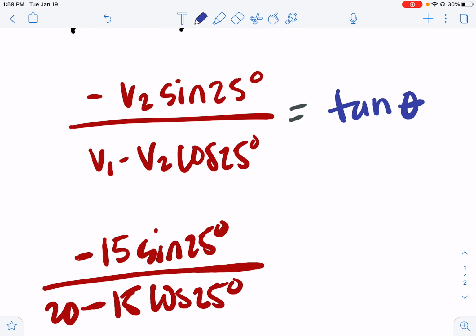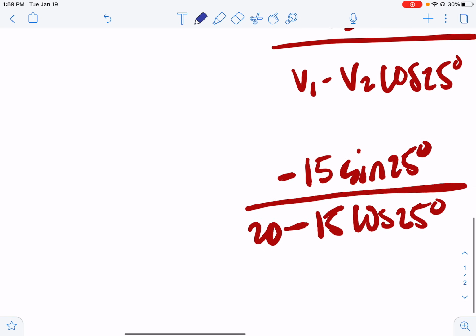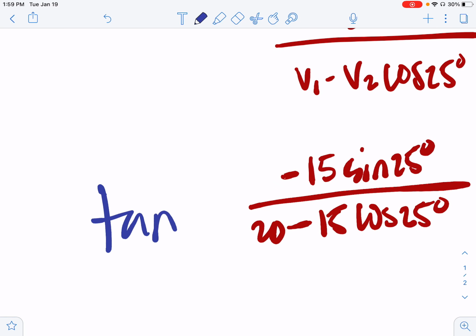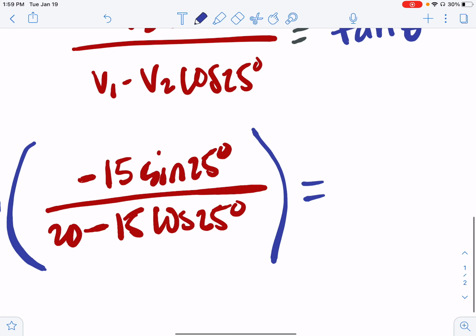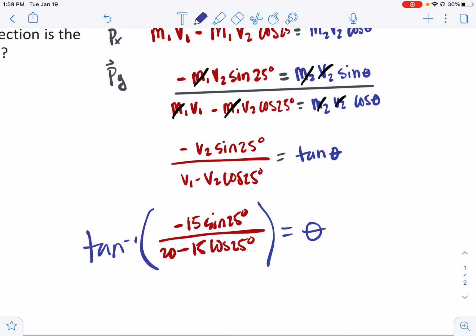We know that if we really wanted to, we could say this is the inverse tangent of this number. And that will give us our theta out. So we're going to put this in our calculator. Please be very careful. Make sure that you are typing things correctly, using your parentheses where you need to. And make sure you're in degrees here.